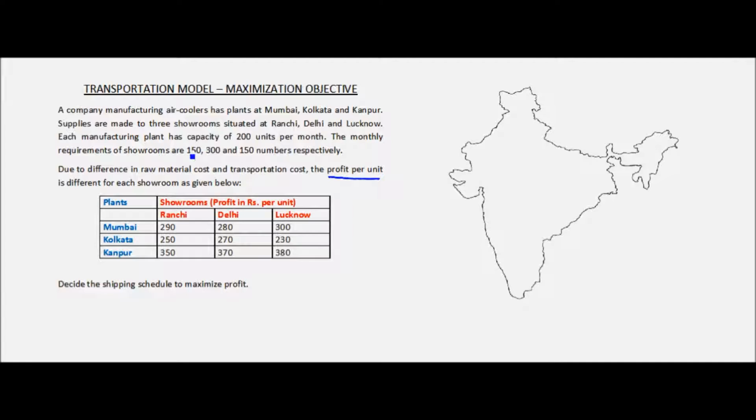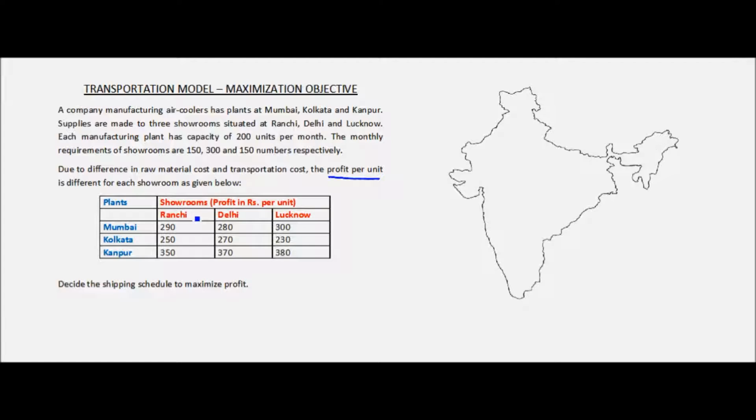objective. Now what this table depicts is that if 1 unit of air cooler is sold through the Ranchi showroom and if it has been shipped from the Mumbai plant, then the profit per unit is 290 rupees. Similarly, if 1 unit is sold through the Ranchi showroom and has been shipped from the Kolkata plant, then the profit per unit is 250 rupees.